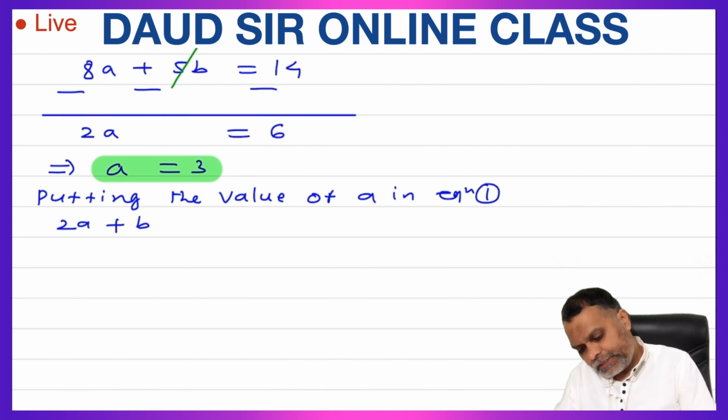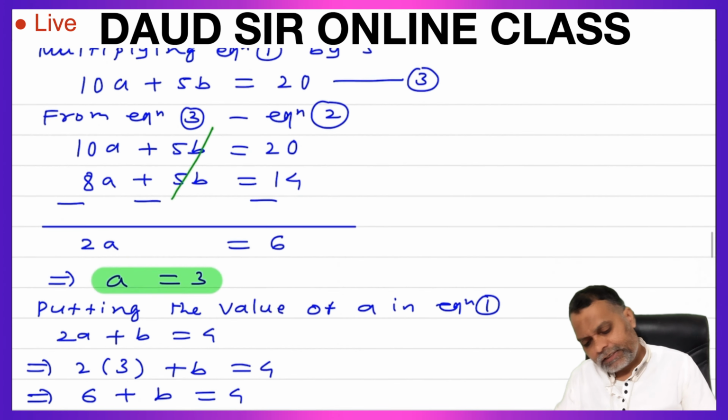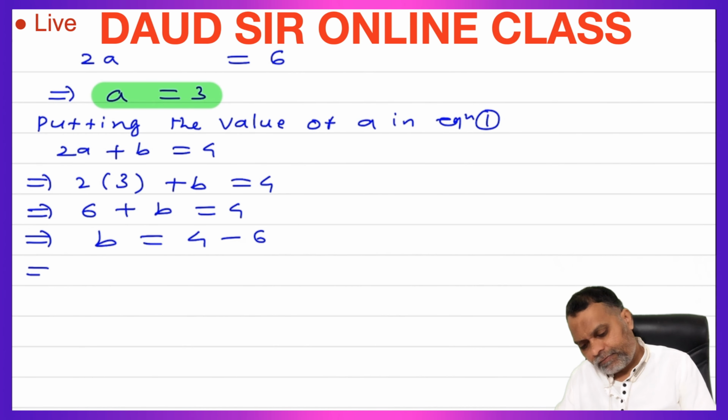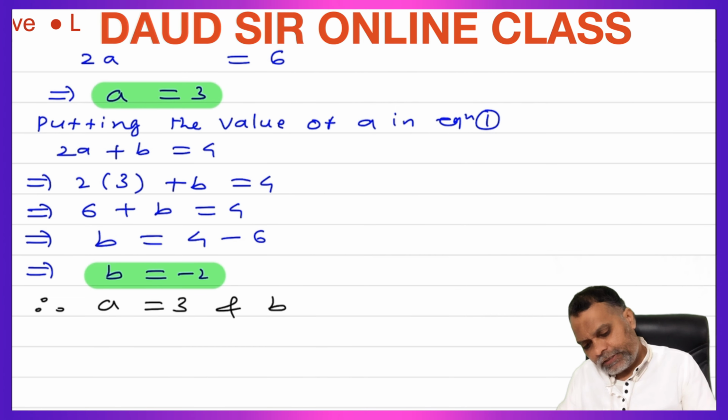Substitute here: 2 into 3 plus b is equal to 4. 2 threes are 6, plus b is equal to 4, which implies b is equal to 4 minus 6, which is minus 2. Therefore, finally we can write the answer: a is equal to 3 and b is equal to minus 2. These are the answers.